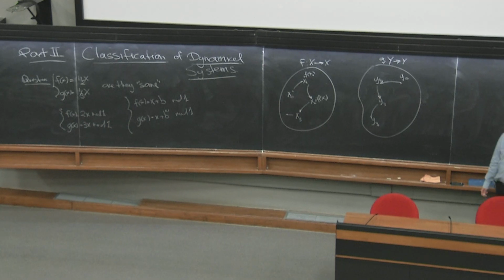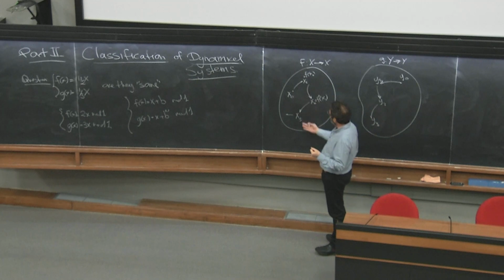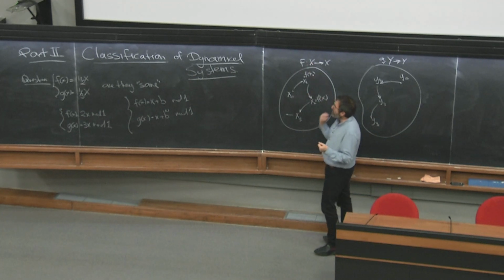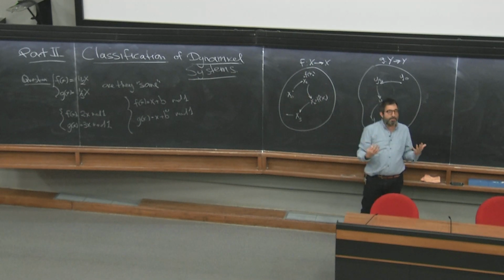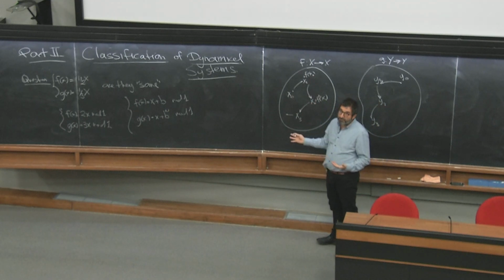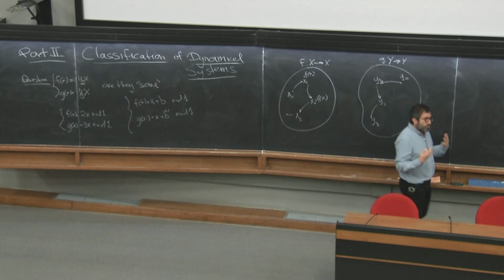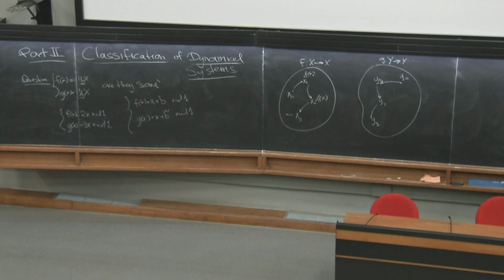It is the very first concept that I defined when you have a map. From a dynamical system point of view, what we're interested in is the orbits, right? So that's exactly right. The orbits should somehow be similar.